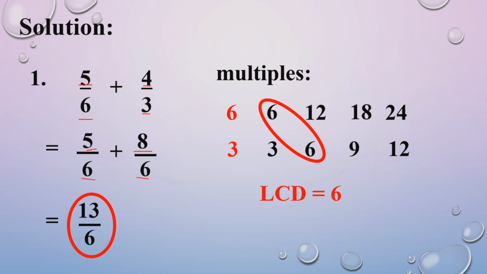Now, since the answer is an improper fraction, we can change that into a mixed number. Let us divide 13 by 6, that is 2, and the remainder is 1. Let us write that as our numerator and then copy the denominator 6. So your answer can also be 2 and 1 over 6.